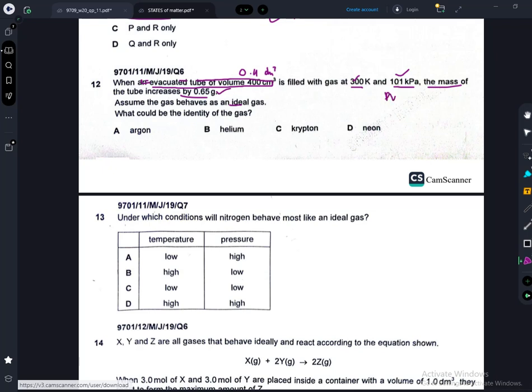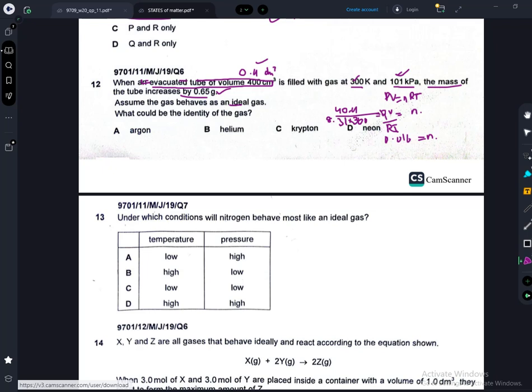So PV is equal to nRT. Following the rule, we have to find the number of moles first. PV divided by RT is equal to n. Plug in the values: pressure is in kilopascal, so 101 times 0.4, this is 40.4, and 8.31 in the denominator times 300, the standard Kelvin temperature.